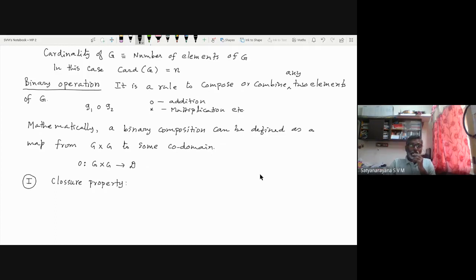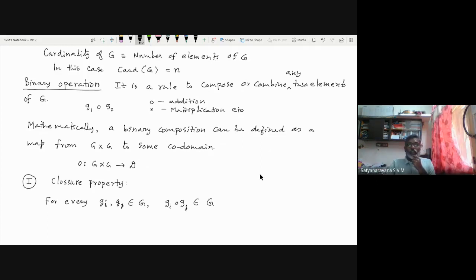Closure property says that for every Gi, comma Gj in G, Gi operated on Gj or Gi composed to Gj should also be in G. Okay, should also be in G. That means you compose any two elements, you should not get a result which is outside G.